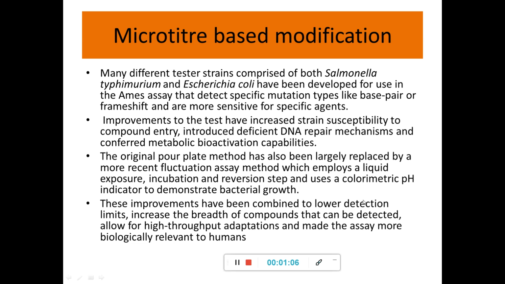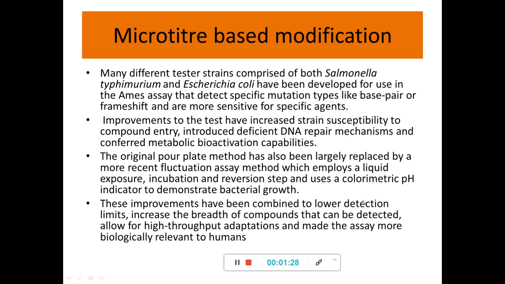So what you have done is you have replaced it by a more recent fluctuation assay method, which will employ liquid exposure, incubation and the reversion step, and also use a colorimetric pH indicator to demonstrate the bacterial growth.